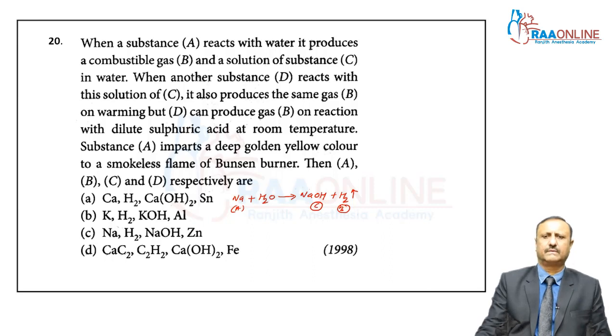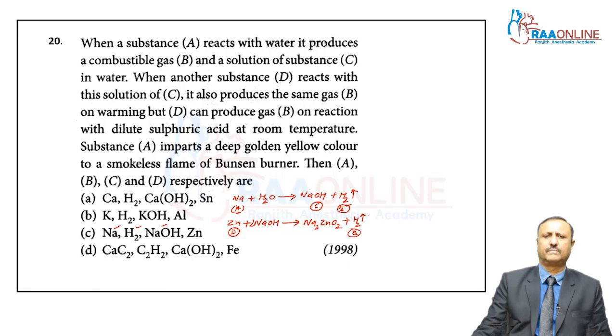When another substance D reacts with this solution C, it also produces the same gas. Here you can see A, sodium, B, hydrogen, C, NaOH. When another substance, for example zinc, as D, reacts with C, that means NaOH, it forms Na2ZnO2, sodium zincate, and hydrogen H2 is liberated. So with D, the same hydrogen B is liberated.